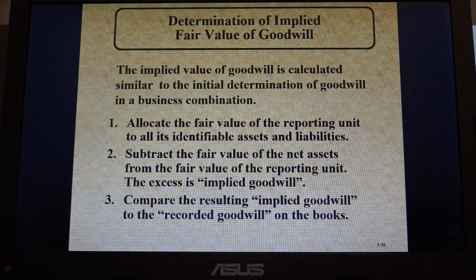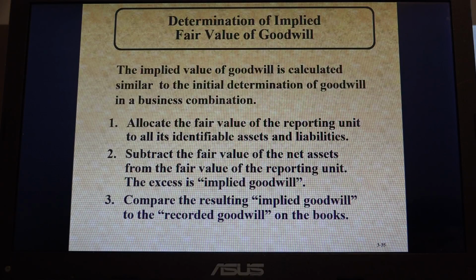And then any excess purchase amount, any excess consideration not allocated to those assets and liabilities was considered goodwill, and that was the carrying value, the original carrying value, right?